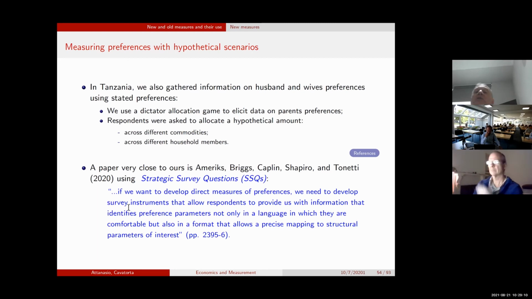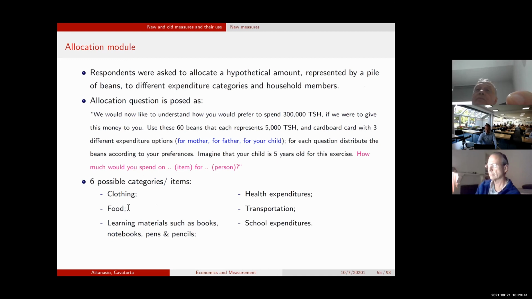This is very close to a paper that came out last year in the JPE, a paper I really liked by Ameriks, Briggs, Caplin, Shapiro and Tonetti. And they did these strategic survey questions. That's a quote from that paper. They do these hypothetical scenarios, and they try to use the answers to those questions to estimate some of the parameters of the structural model.